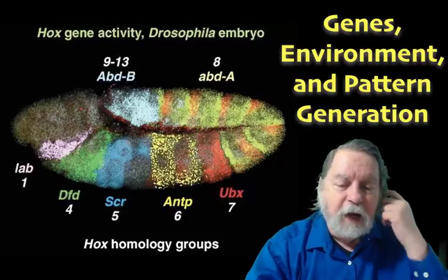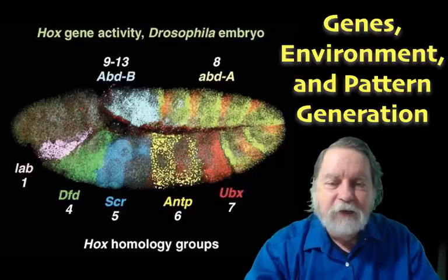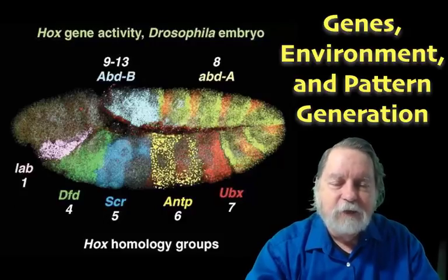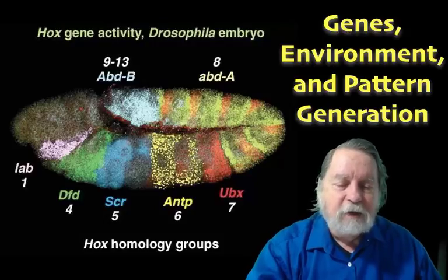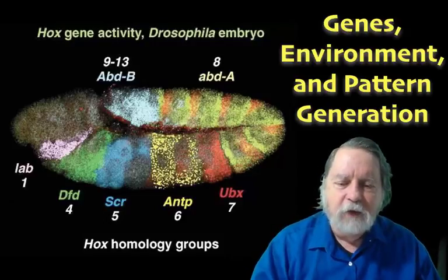So the pattern is set up first, then the Hox genes are switched on in that pattern, and then the cells in that particular region for a particular Hox gene are going to develop in a particular way. So it's not causal, it's a consequence.